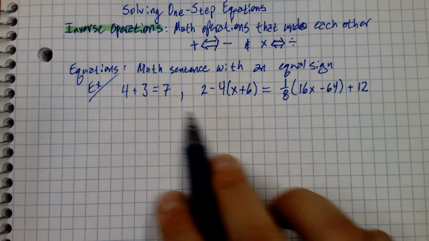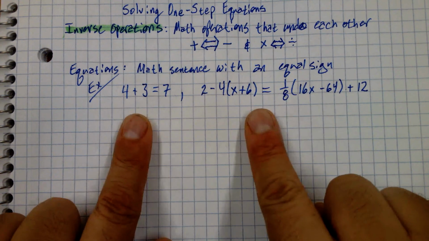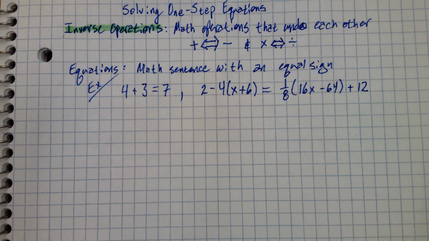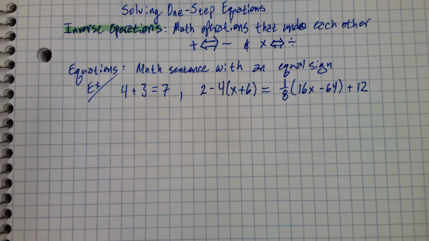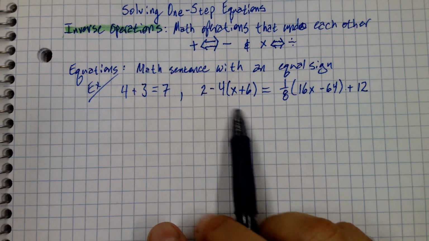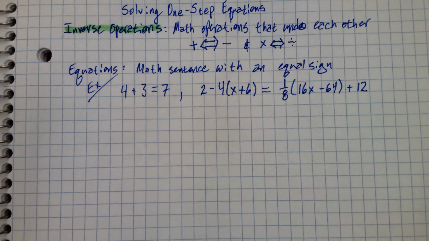This is very basic. This is a lot more complex, but they're equations. One side equals the other. Okay? And definitely by the time we get into next year, Algebra 1, these are types of equations we'll solve.